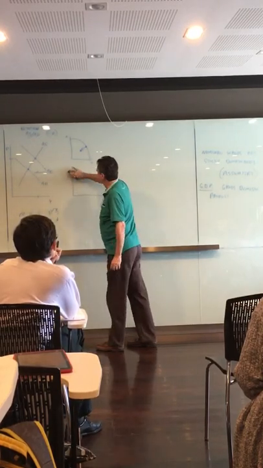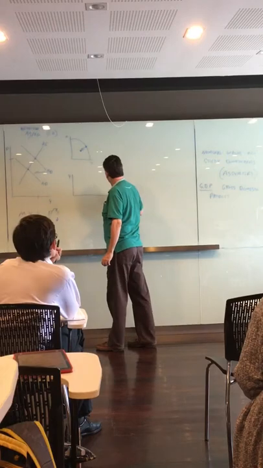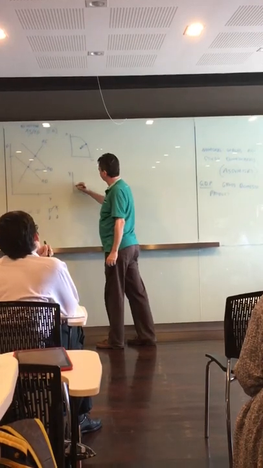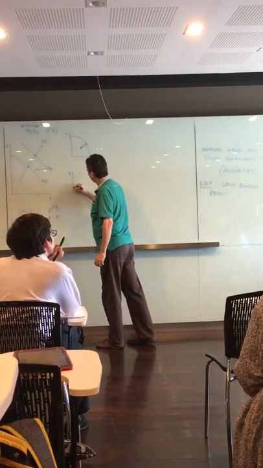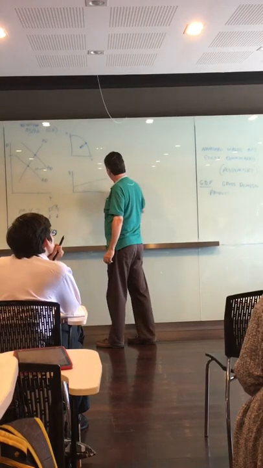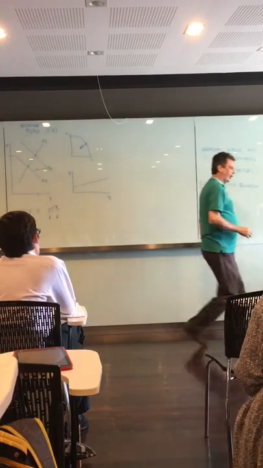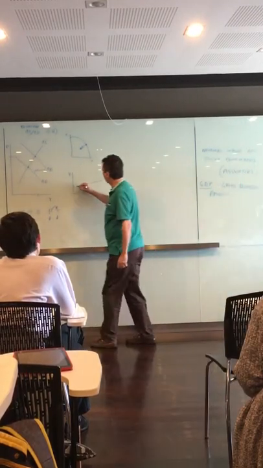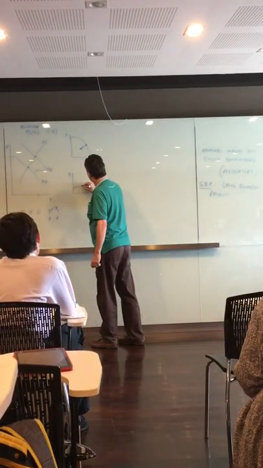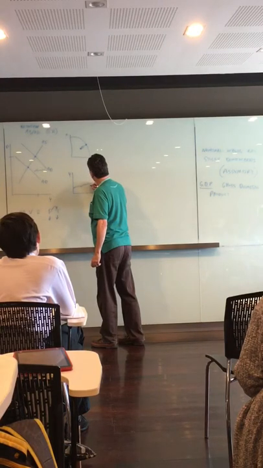All right, basic empirics of the business cycle. Here's output, and here's time. If the economy is growing at some steady rate, what you actually see is something that kind of looks like this.